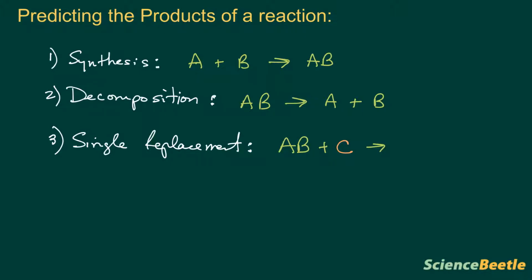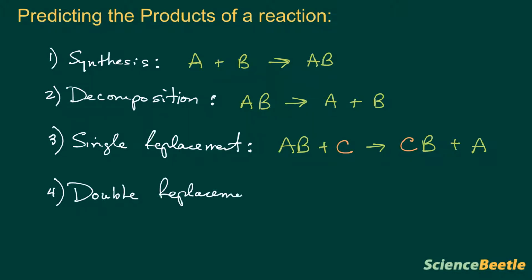And this was going to lead to a shuffling of the compound at the end. So you would have CB plus A. And so what you had here was A being replaced by C, and that's why we called it a single replacement.